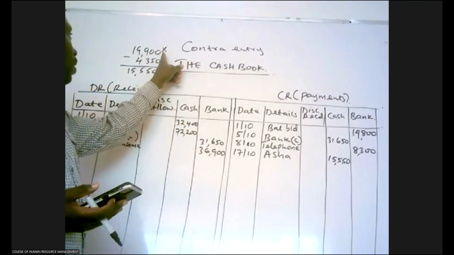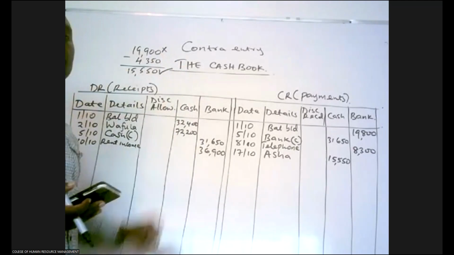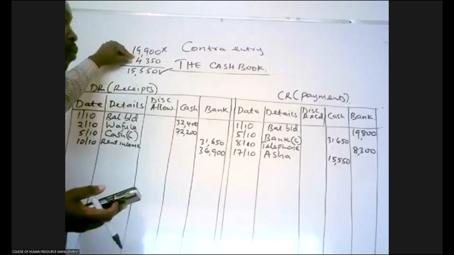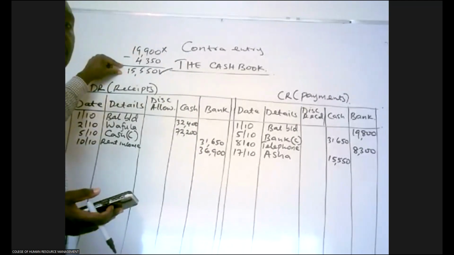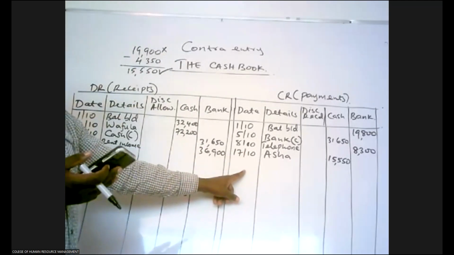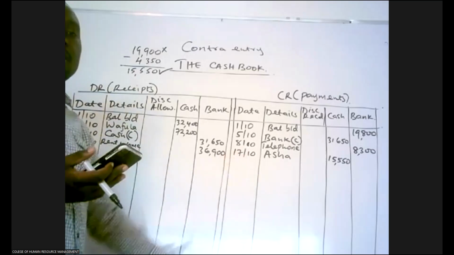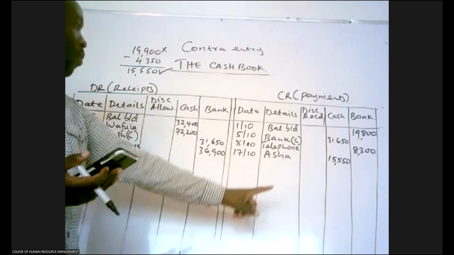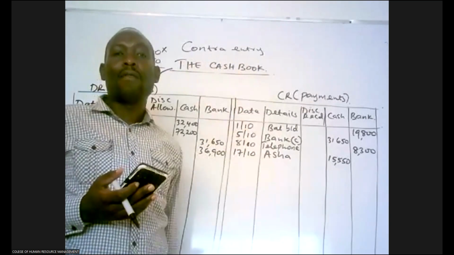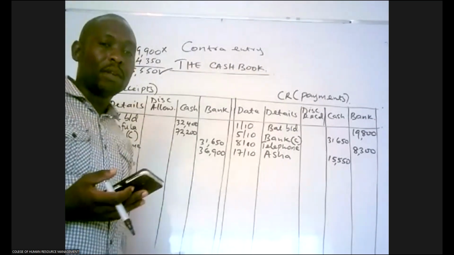So you take the value of goods we bought, you subtract what we returned. This is now what we are supposed to pay, and that is what we are being told to pay in full. So what is due to that particular supplier, Asha, is 15,550, not 19,900. We must deduct the value of goods that were returned. Hope it is clear that way.